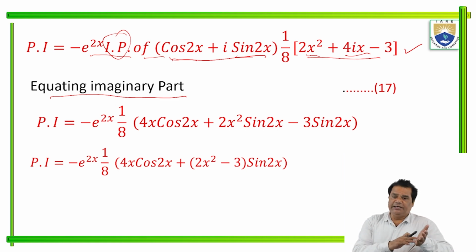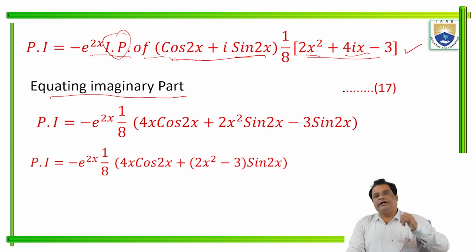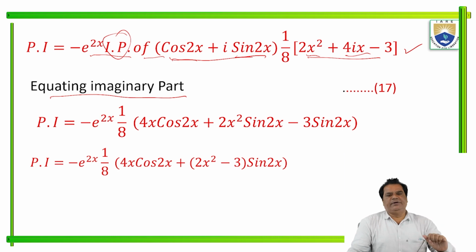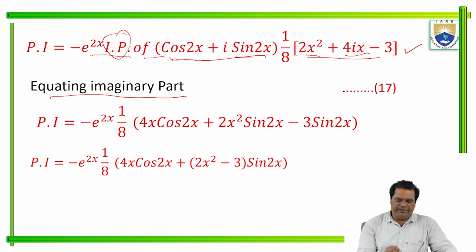Real part multiplied by imaginary and imaginary part multiplied by real give the imaginary part. Here cos 2x is real and 4ix is imaginary. So cos 2x multiplied by 4ix gives 4x cos 2x.